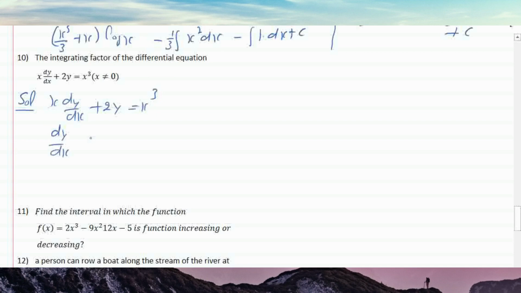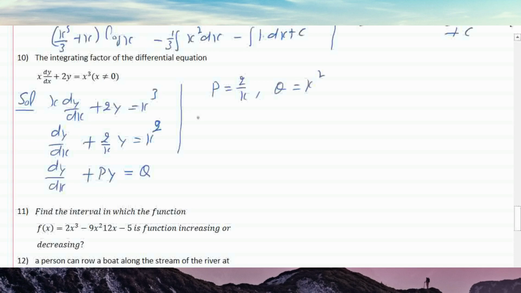So we are getting here dy over dx plus 2 upon x y is equal to x square, children, because in x cube, x cancels out. So now you compare this with the equation dy over dx plus py is equal to q. Now children, here p is equal to 2 upon x and q is equal to x square.